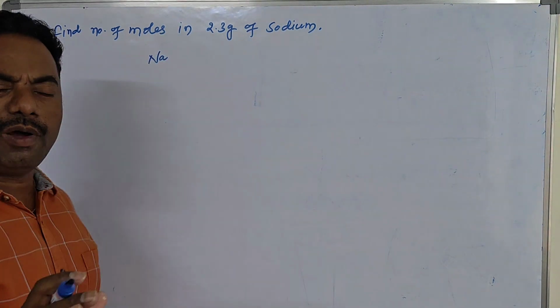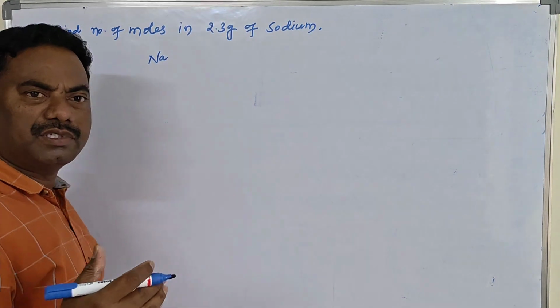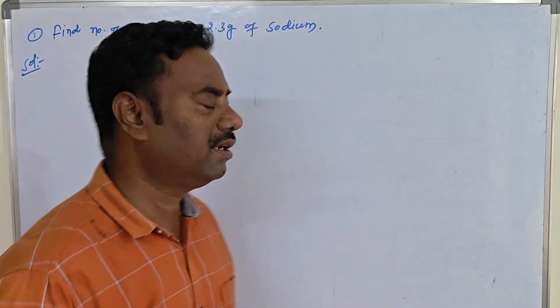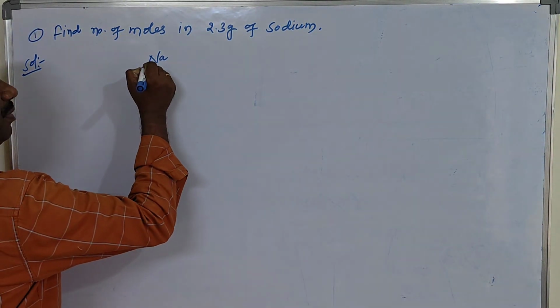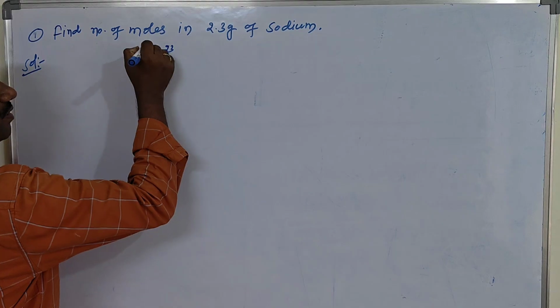For each and every problem, better to remember the mass numbers. Sometimes in exam, in NEET or JEE Mains, those values are given. Its atomic number is 11, mass number is 23.